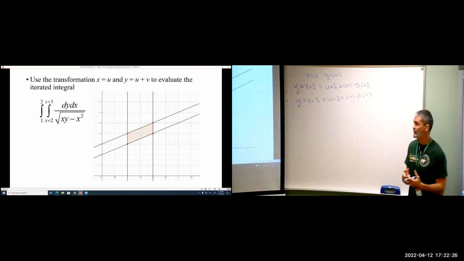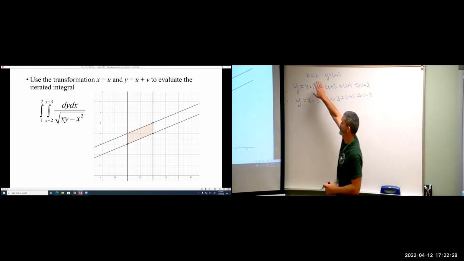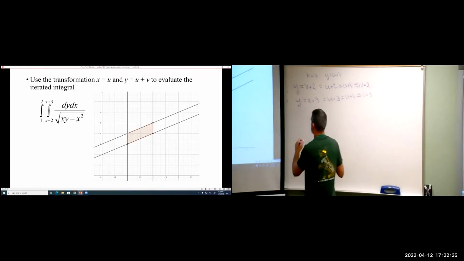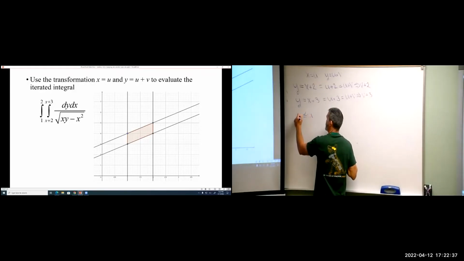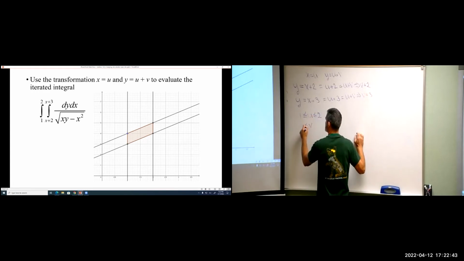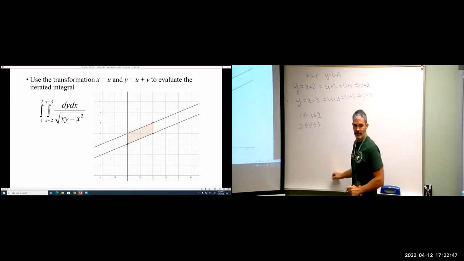So this is what's going on with our region. If x is u, and notice x was between 1 and 2, we know u is between 1 and 2. Now we know v is going between 2 and 3. So our region is just a nice rectangle.